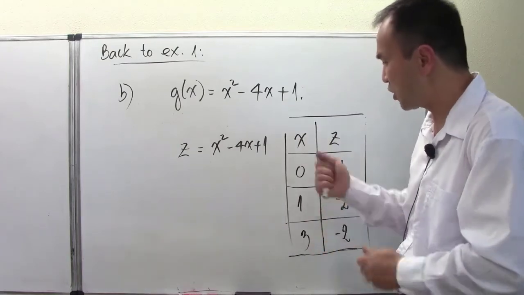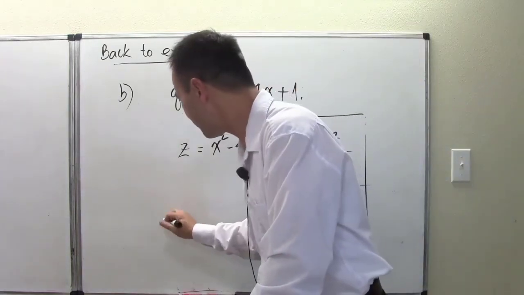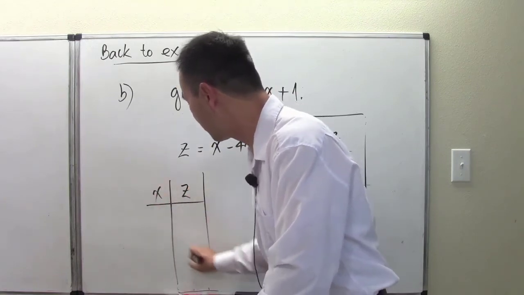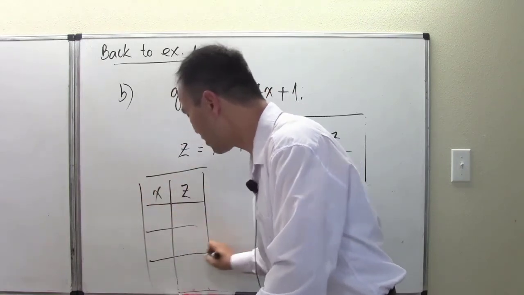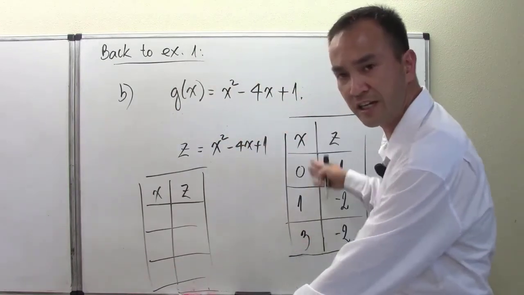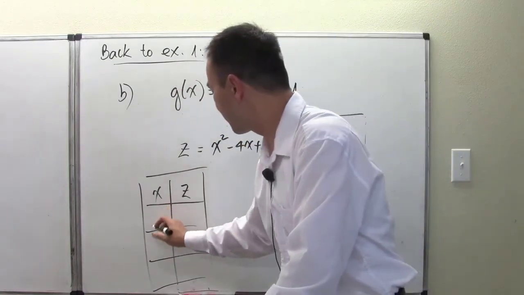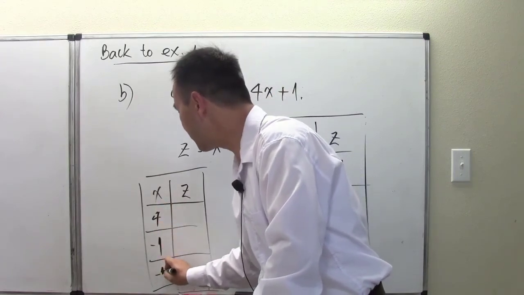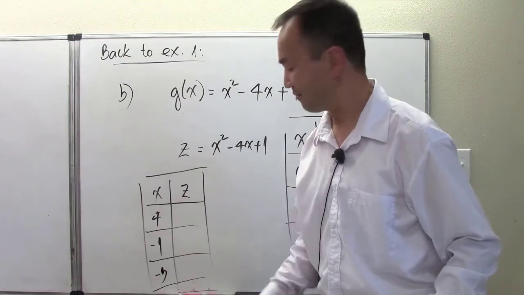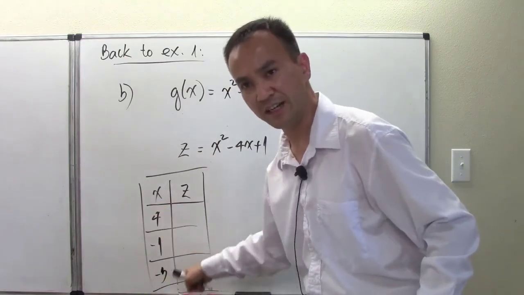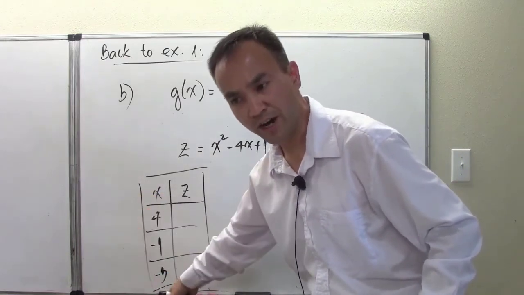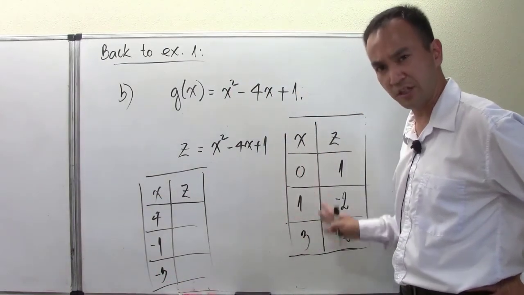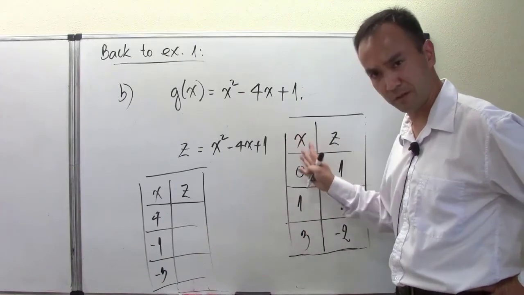But I could have also made another table. I could have also chosen for myself the input x and the output z, completely disregarding these 0, 1, and 3. I could have chosen 4, -1, and -3. I can select these values completely randomly, independent of whatever is suggested from the problem itself.